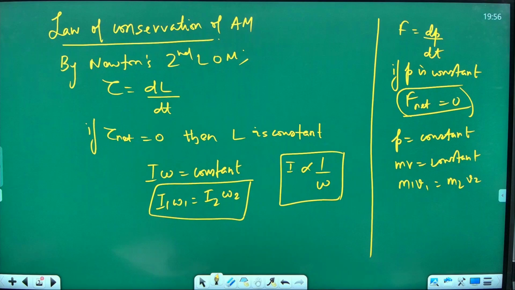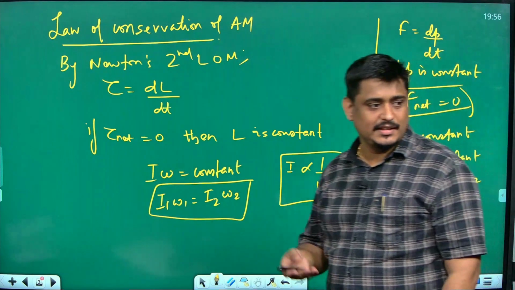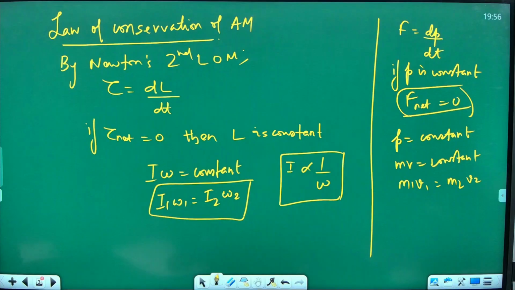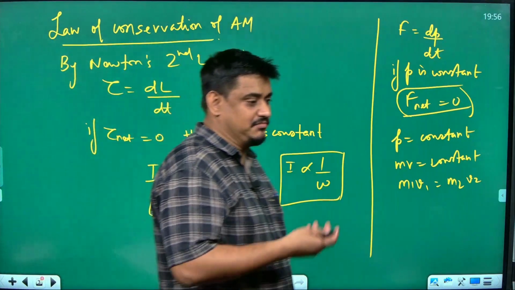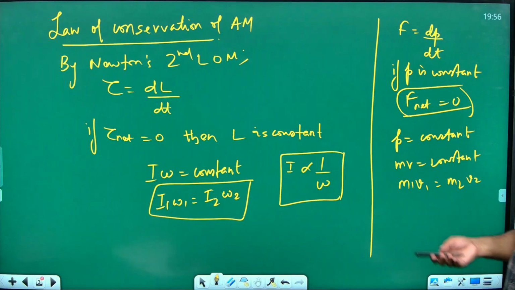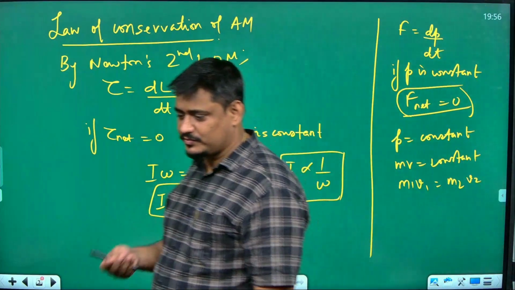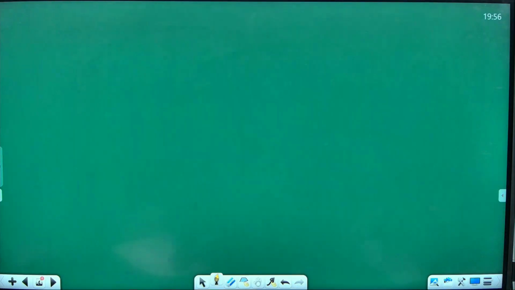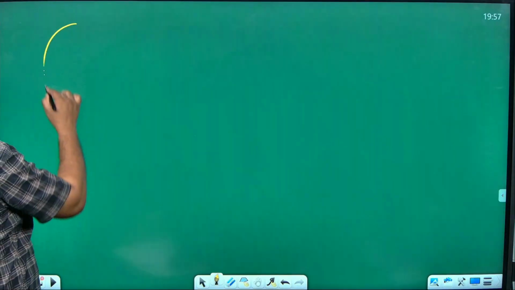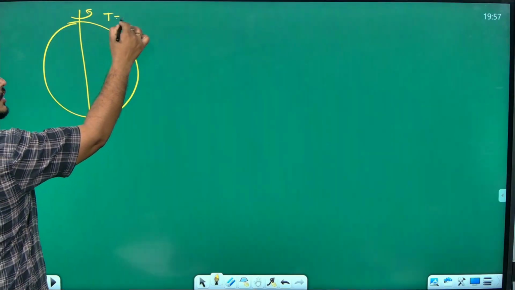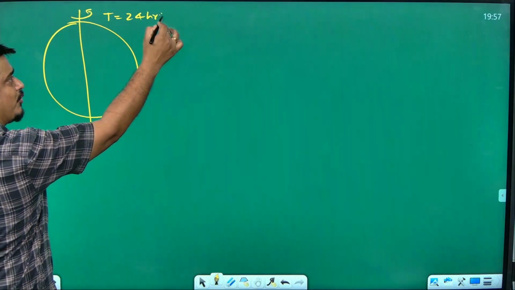Any answer? It will decrease. How much? How many hours? 8 hours, maybe. Let us check. Anybody else? I hope you realize the question. Normal earth has how much time period? 24 hours, isn't it? One day is 24 hours.